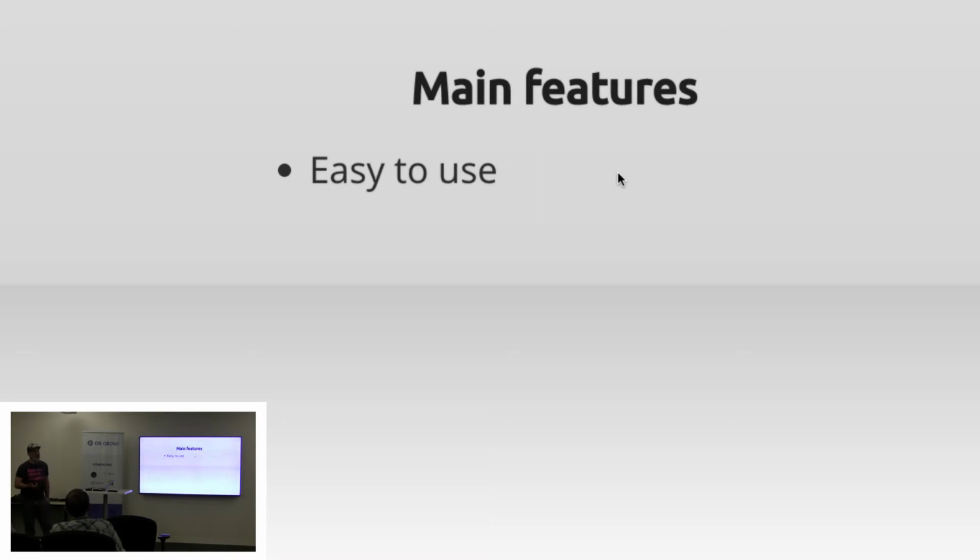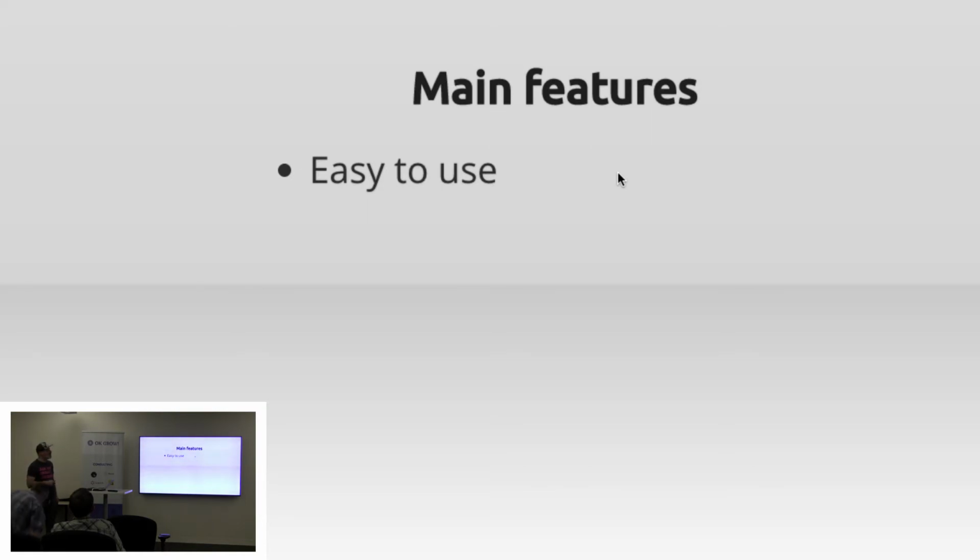And what are the main features? One of the main things that they wanted to fix with Apollo Client, compared with Relay, which was the client that existed at the moment, is that it was too complex to use. There were a lot of abstractions introduced by Facebook that were not really easy to grasp.